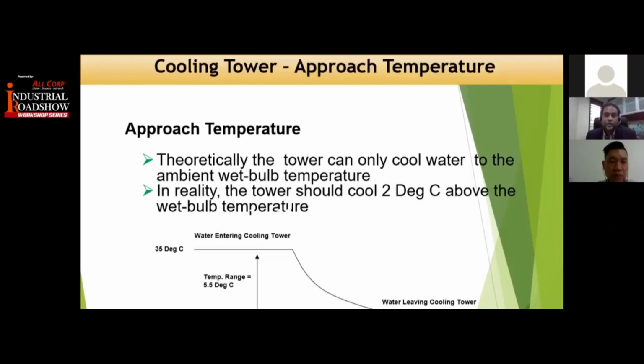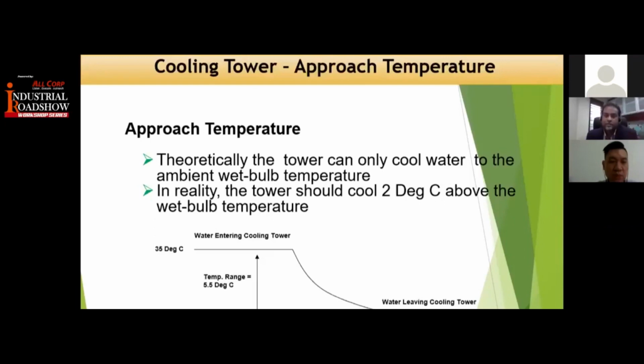So you can also measure your outlet temperature. What is your condenser water temperature like? Is it 29, 30 degrees or 31 degrees? How much it can go down is based on the wet bulb temperature of your current location.